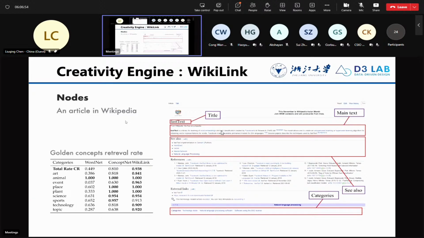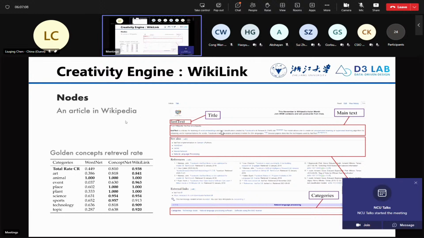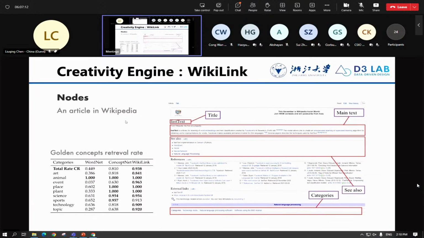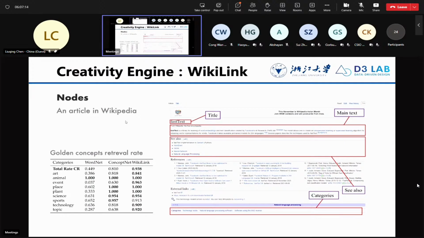The nodes in Liuqing are extracted from an article's title, main text, see also, and categories, as shown in the graph. The concept retrieval rate of Liuqing outperforms other concept databases, including ConceptNet and WordNet, in our experiment.